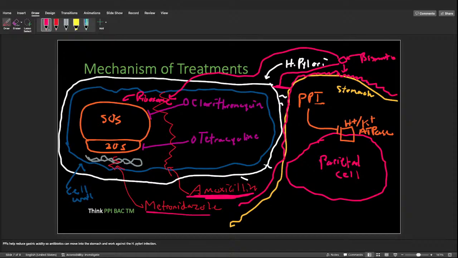And it also prevents the adhesion of the H. pylori, to bind or to get inside the stomach area as well. So in a way, when you have a quadruple regimen, it will prevent all of these kinds of infections.